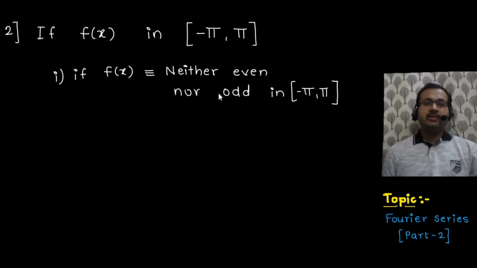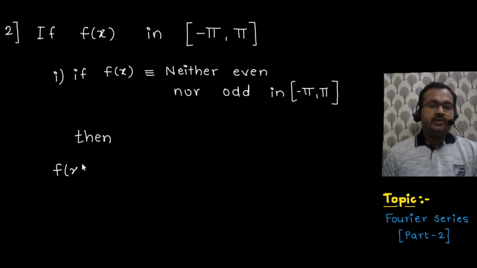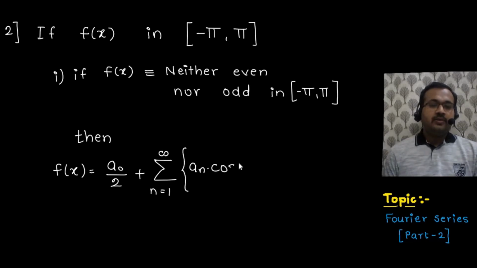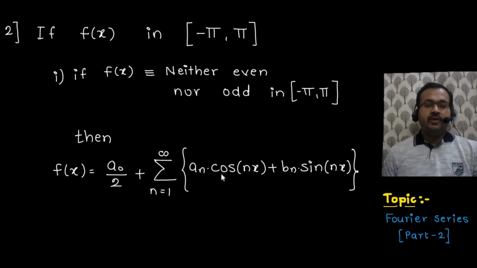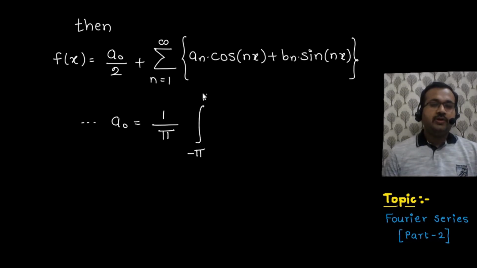So instead of pi, you can consider any general period, that is L. Then the given Fourier series will be f of x is equal to a0 upon 2 plus summation n varying from 1 to infinity an into cos nx plus bn into sin nx, where the Fourier coefficients in the range minus pi to pi is calculated by using formula a0 is equal to 1 upon pi integration minus pi to pi f of x into dx.